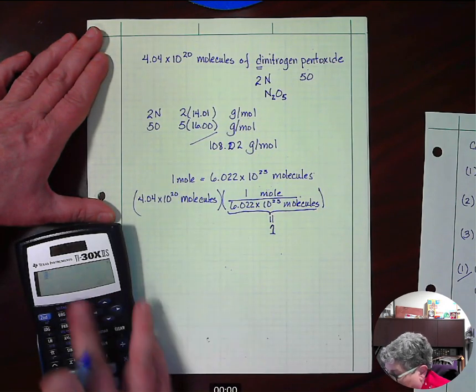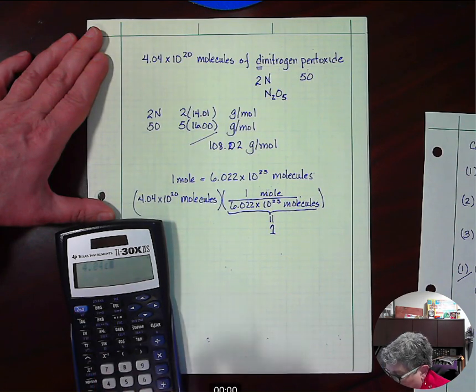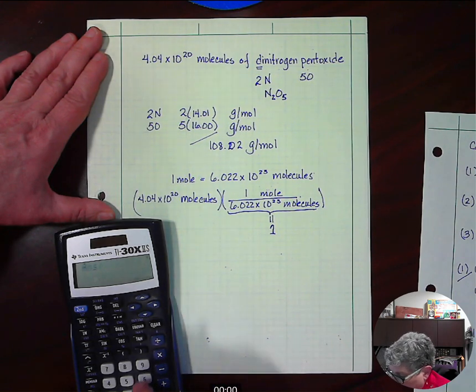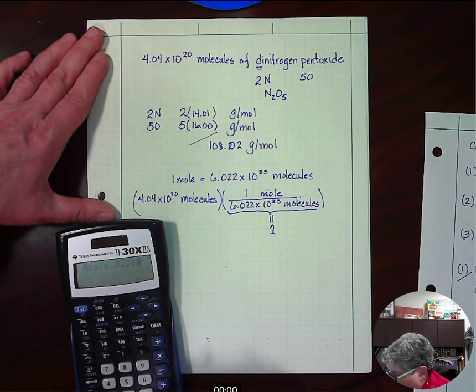So we're going to take that. We'll plug it into the calculator, 4.04. I'm going to put it in my scientific notation. It's 20. I'm going to hit enter. That's just to make sure I don't screw anything up. I'm going to divide it by 6.022 to the 23rd.